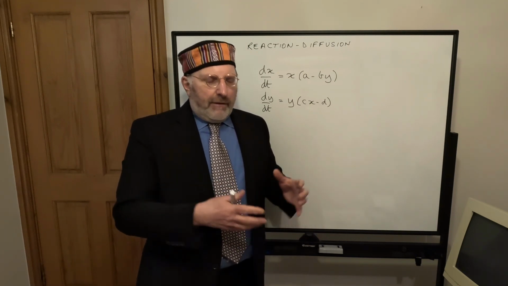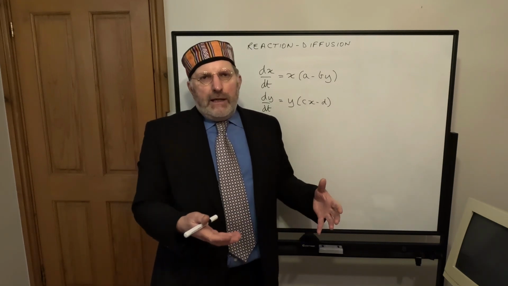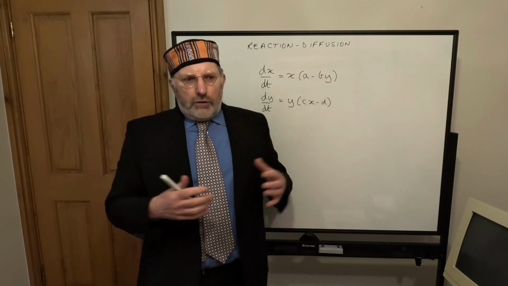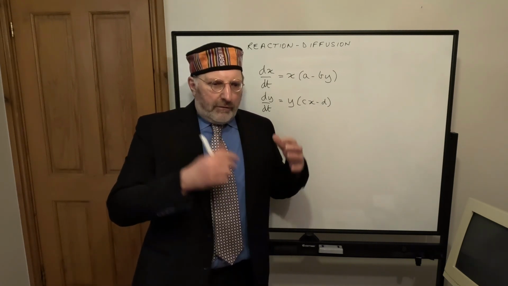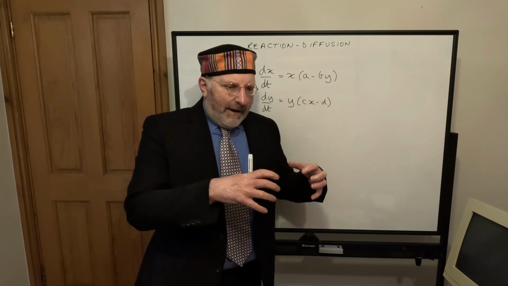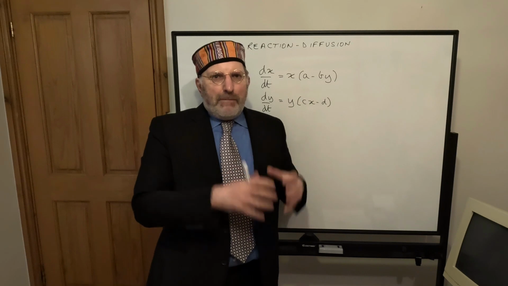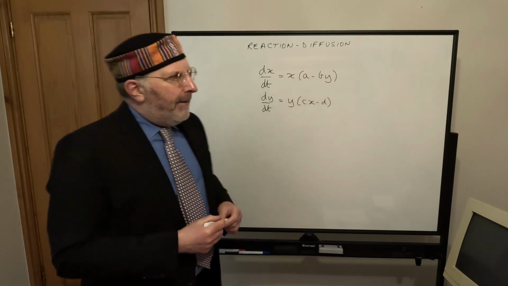But also the higher the concentration of foxes in that place, the faster those rabbits will be being eaten. So if we want to understand it fully, we need to think about the spatial dimension, how many rabbits and foxes are there in particular places. So that will create a pattern across the landscape.